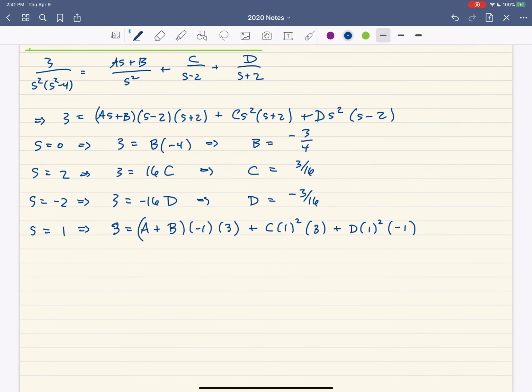So this tells us that 3 is going to be equal to negative 3 times the quantity a plus b plus 3c minus d.